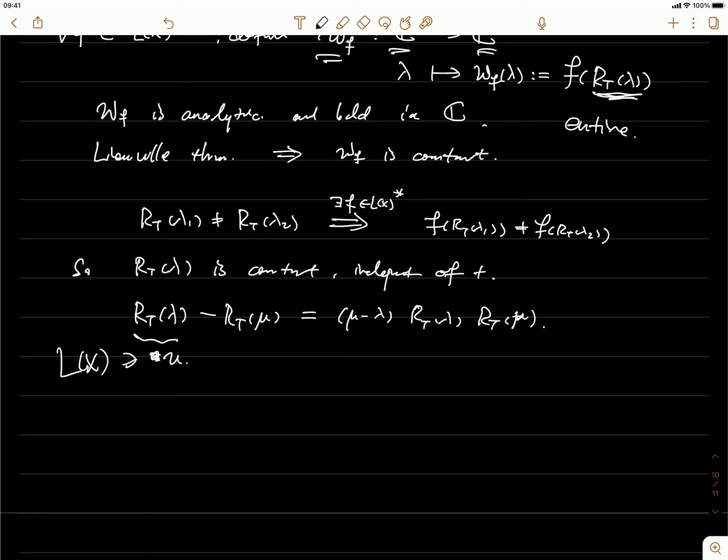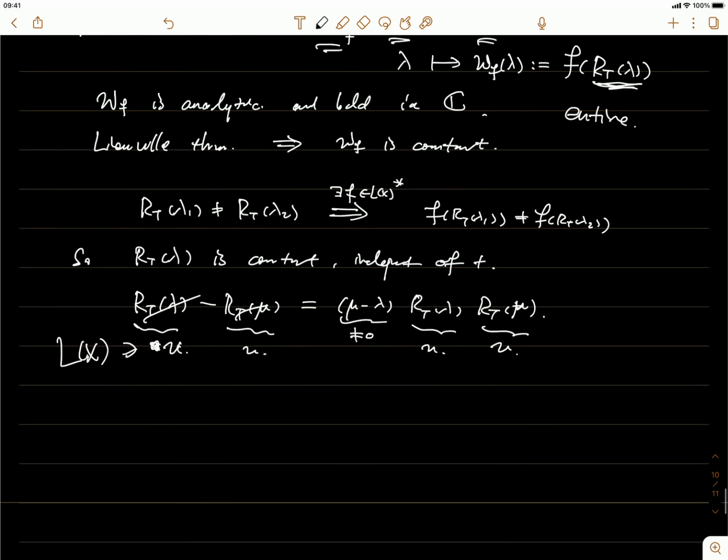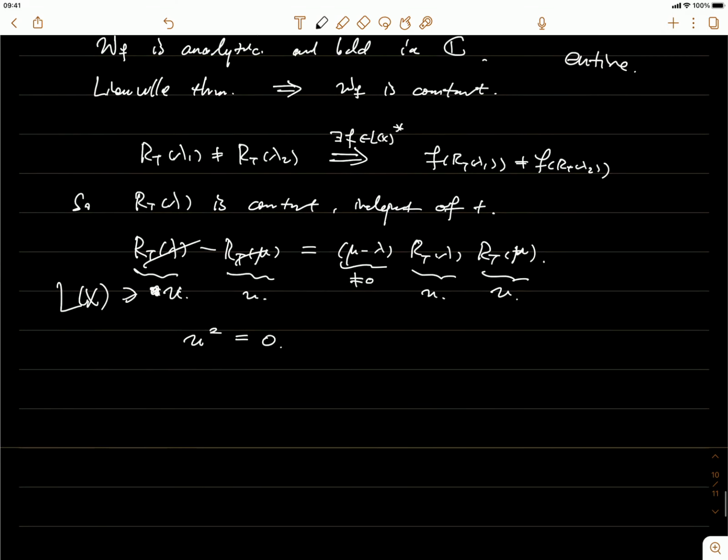Call it u. It's constant, and this is the same u, and this is going to be the same u. So this cancels, and this is a non-zero value for different lambda and mu. So that just means that if you apply u twice, it is equal to 0.